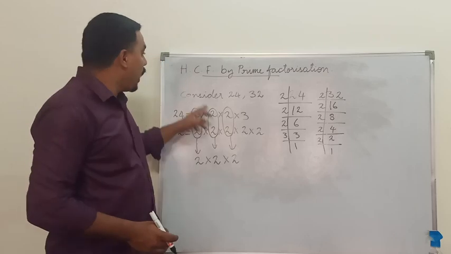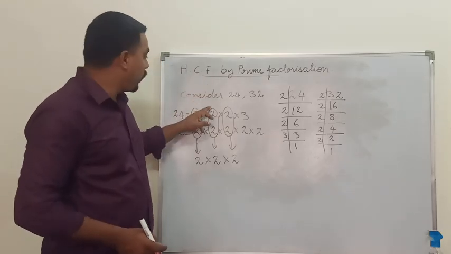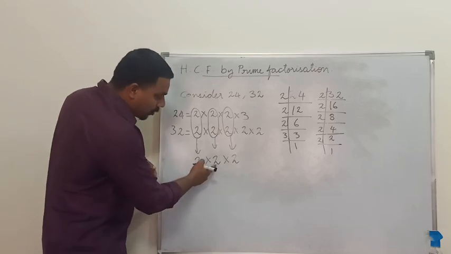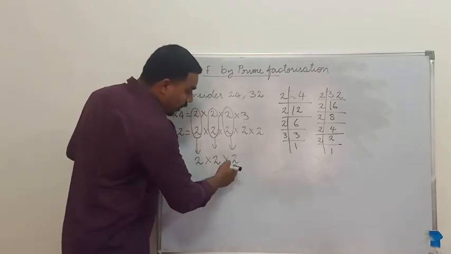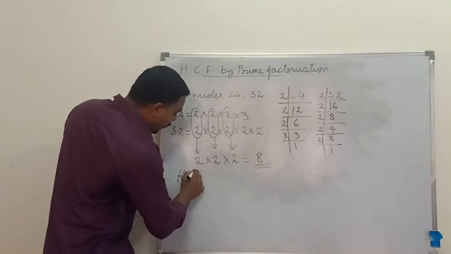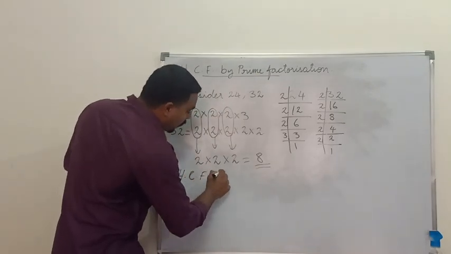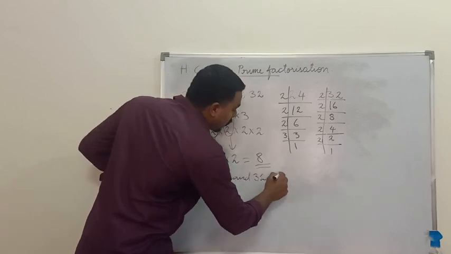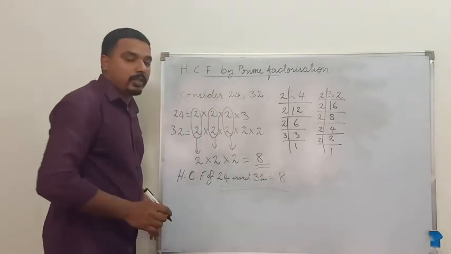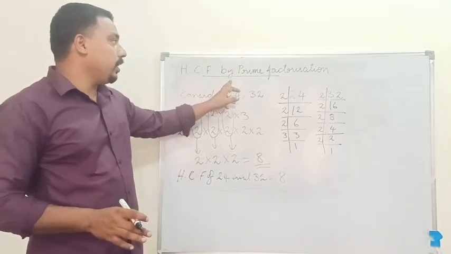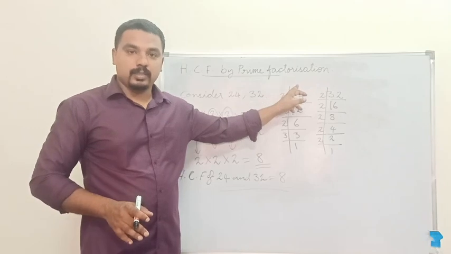That will be the HCF of 24 and 32. 2 into 2 is equal to 4. 4 2s are 8. So the HCF of 24 and 32 is equal to how much? 8. In this way, we need to find out the HCF by using prime factorization.